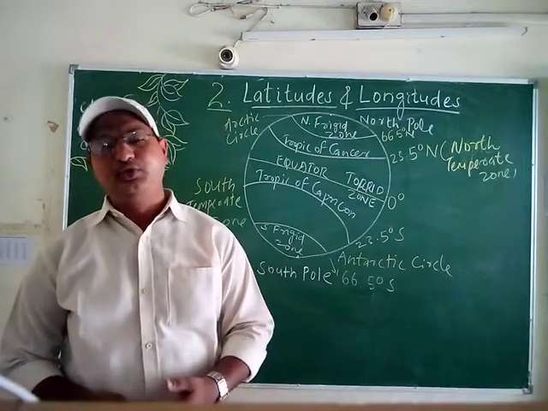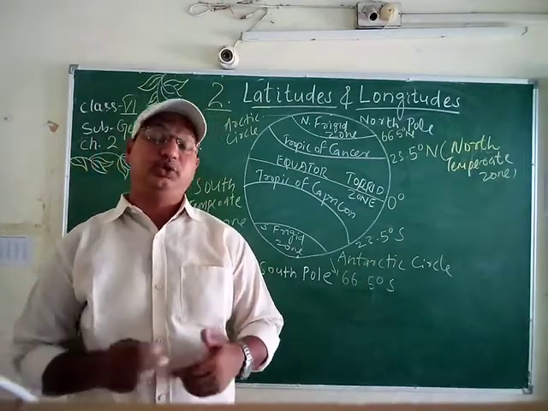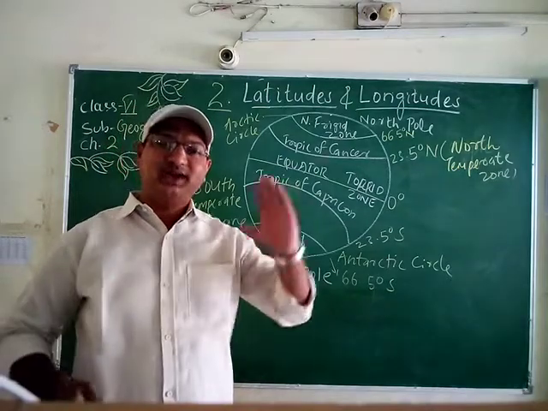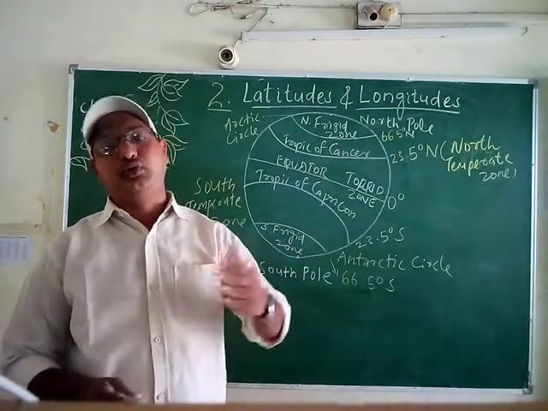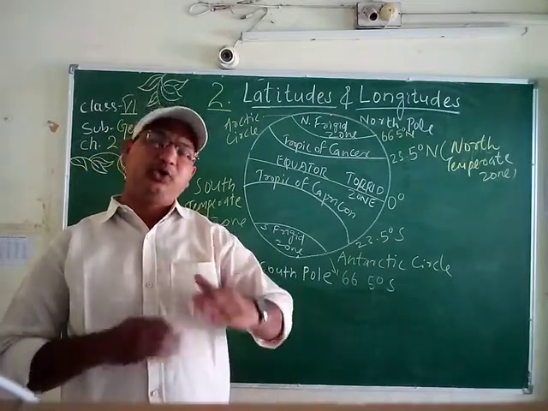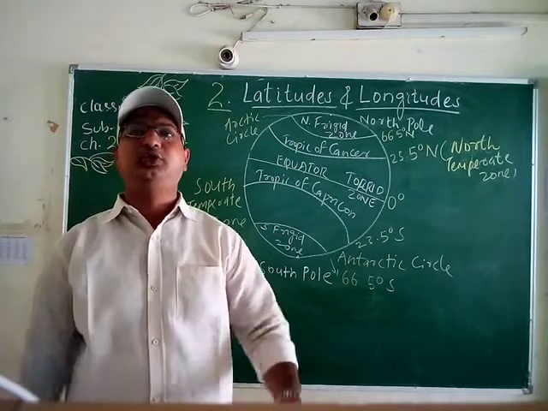Because students, you know, when the earth revolves around the sun, it is tilted. The direct sun rays don't fall on both the poles. Therefore, it is always frozen throughout the year.